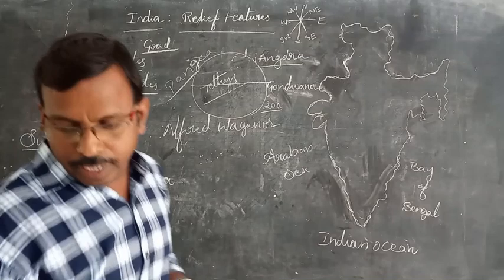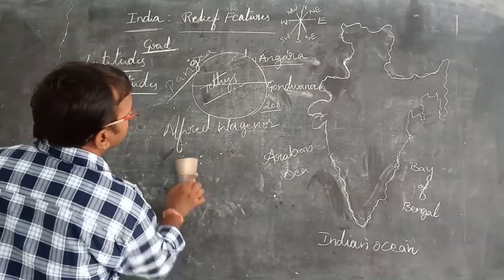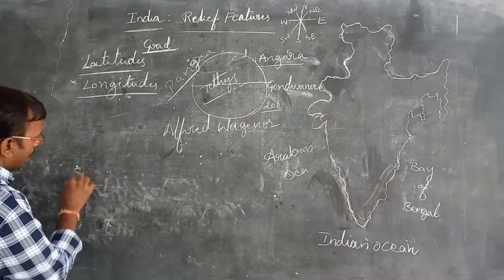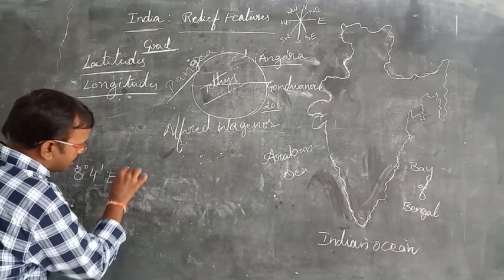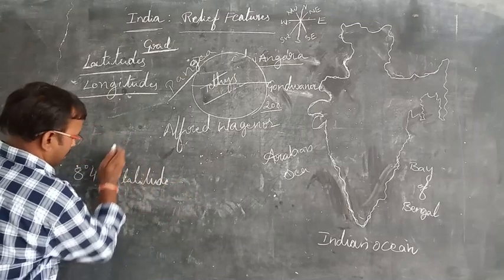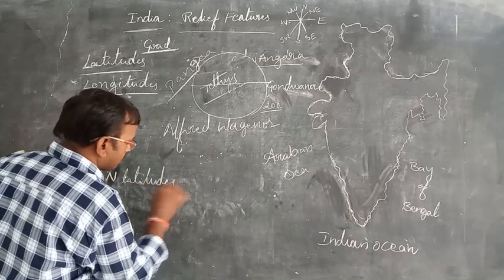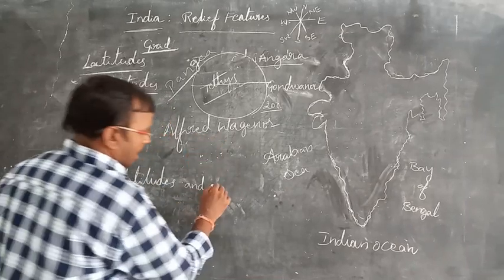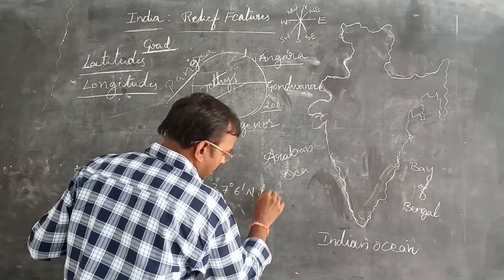We will see latitudes. 8 degrees 4 minutes north latitude and 37 degrees 6 minutes north latitude.